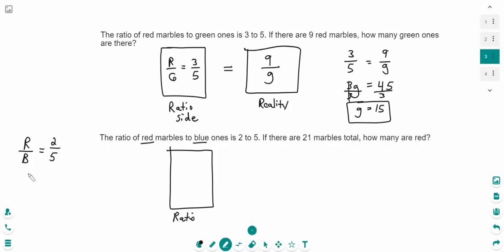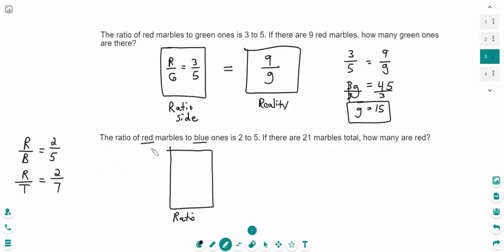How about comparing the number of red marbles to the total number of marbles in the ratio? So we have 2 red ones for every 5 blue ones. We could also say then that they were having 2 red ones to every 7 total, right? 2 plus 5 is 7. So another ratio here would be 2 red marbles for every 7 total marbles.